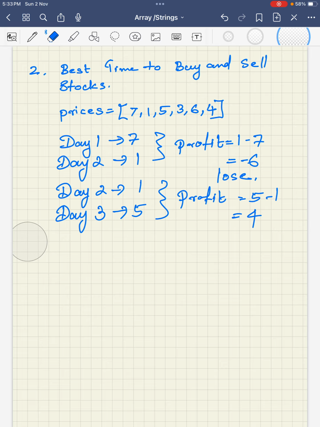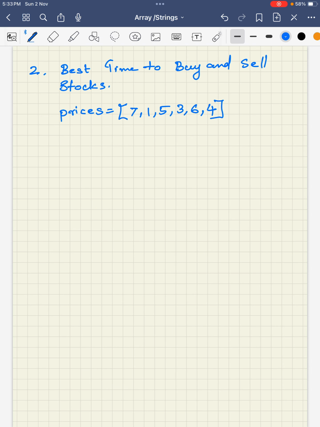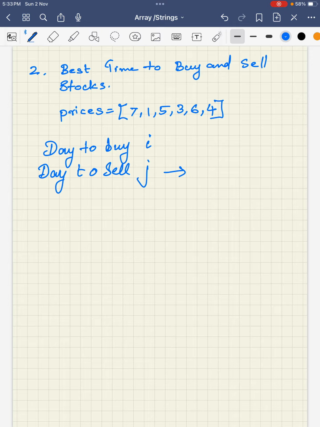So basically, what needs to be done? Find those days. For example, if the day to buy is i and the day to sell is j, then find the difference between the price on the jth day and on the ith day, and that will be the profit, and that has to be maximized.